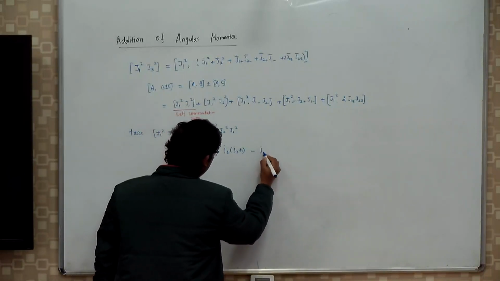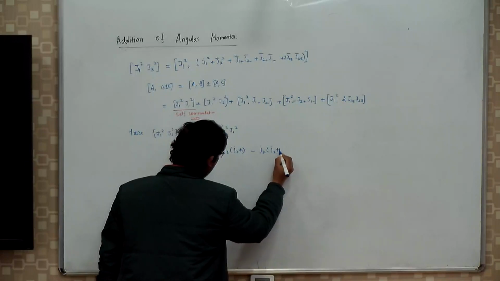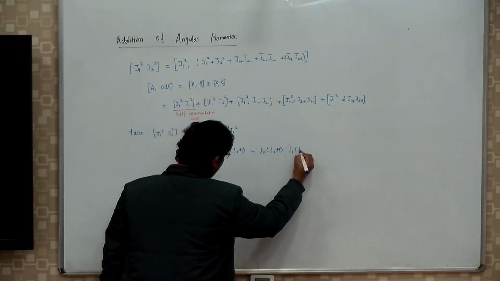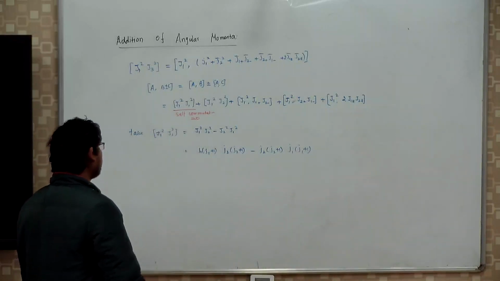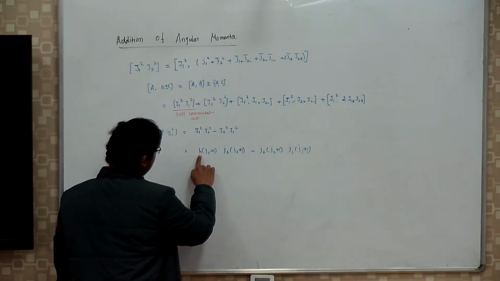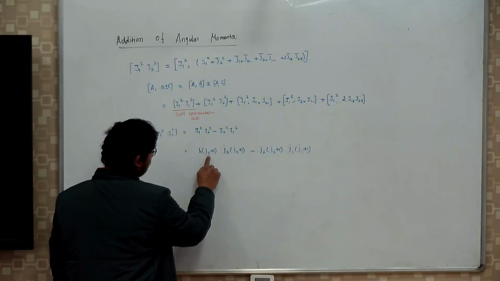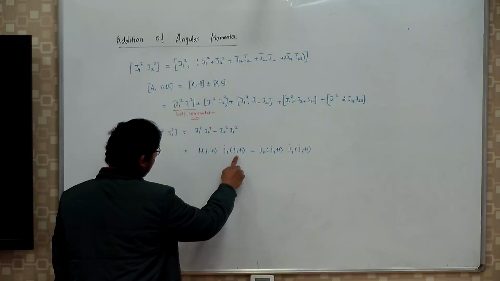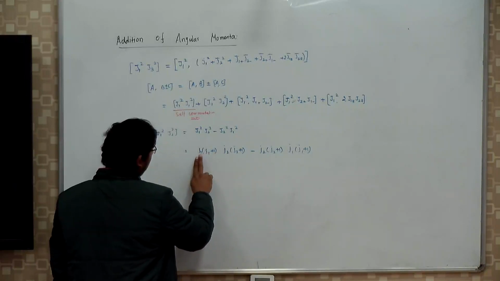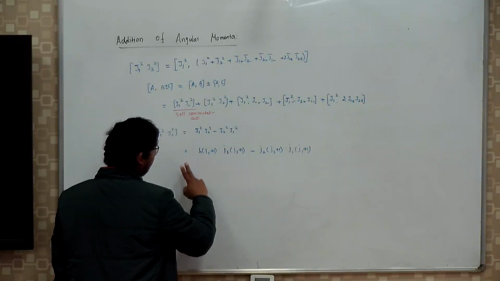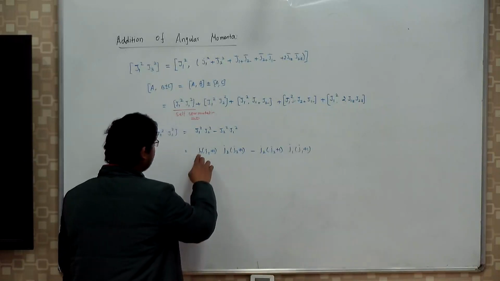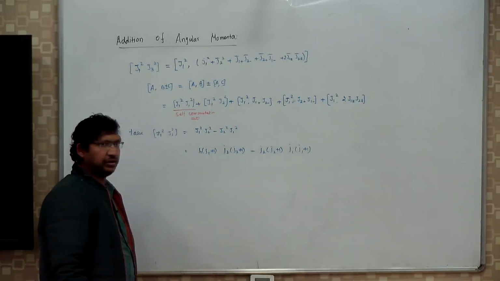These are eigenvalues that I am writing here. If J1 is 1 by 2 and J2 is also 1 by 2, that gives 1 by 2 of 3 by 2 and 1 by 2 of 3 by 2. There is no difference whether we multiply this term followed by that term or the other way round, because J1 and J2 are purely numbers.